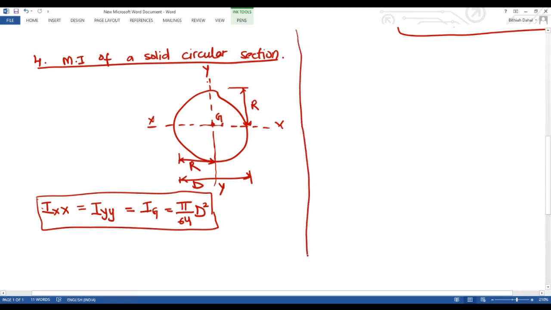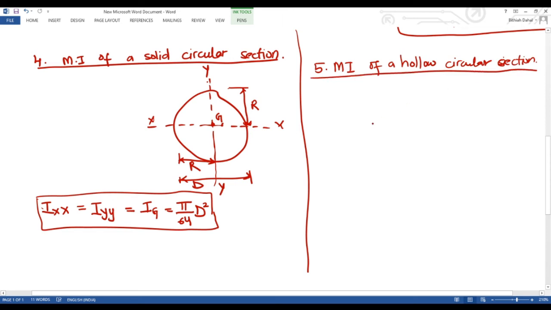Similarly, the fifth one, moment of inertia of a hollow circular section. Let me draw the diagram first.